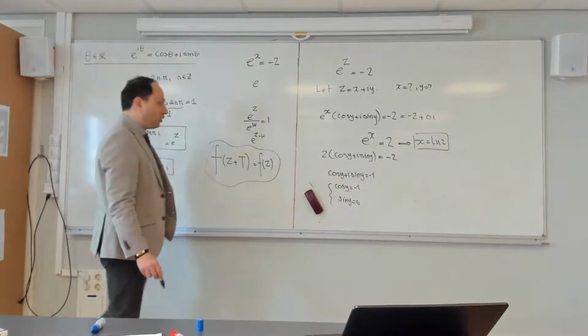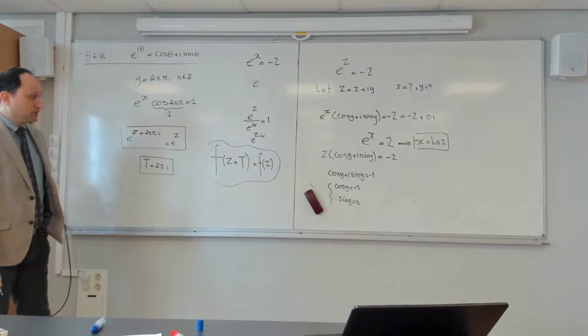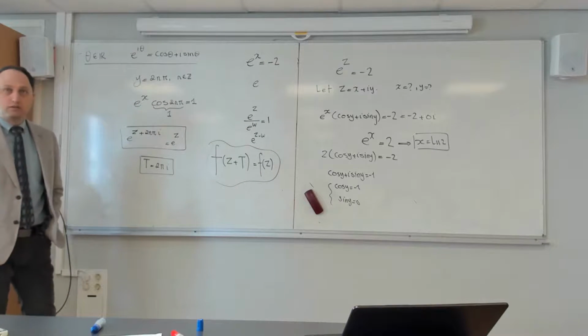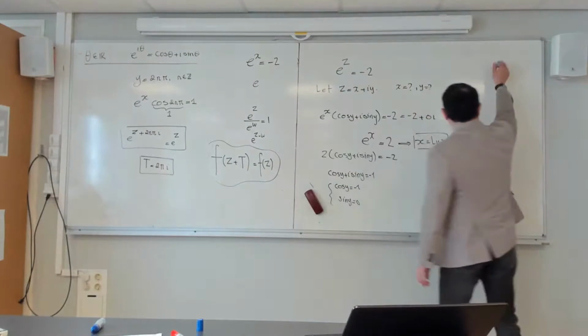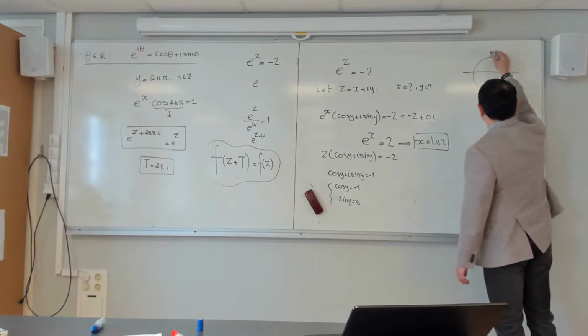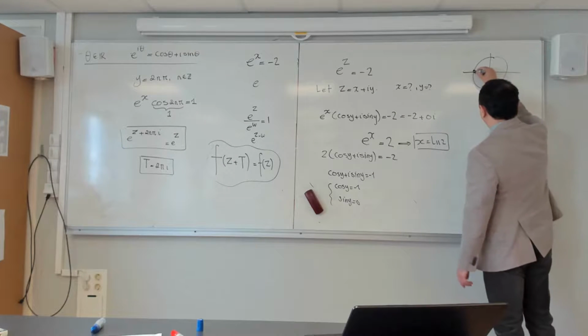Okay, so I want all of them, all the y's such that cosine y is -1 and sine y is 0. What are they? Which part of the unit circle are you on? Cosine is the x coordinate, so you are here.